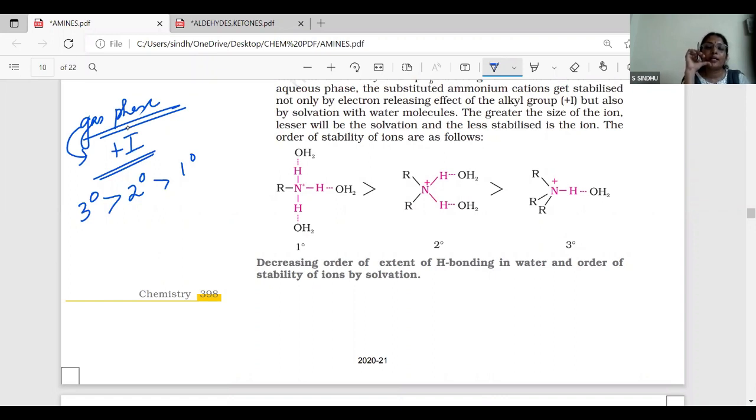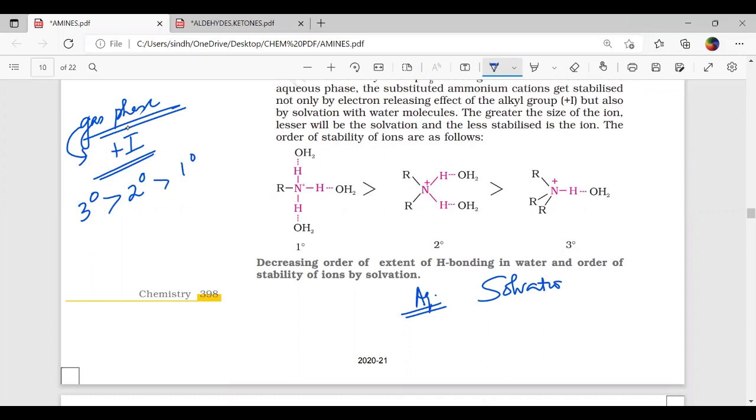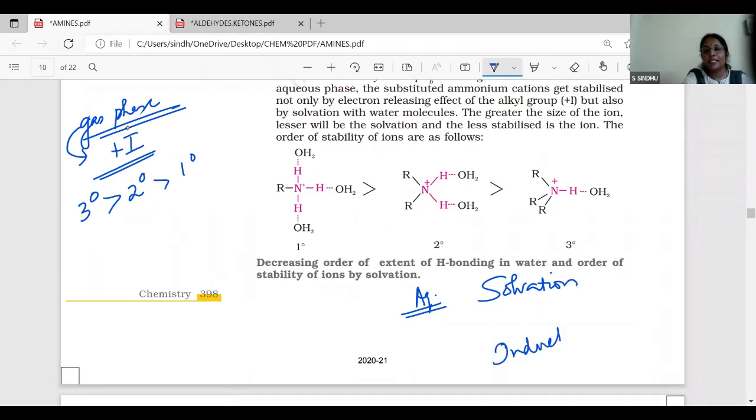But when it comes to aqueous solutions, it is based on 3 factors, ma'am: solvation effect, steric effect, and inductive effect, all 3 put together. If there is more steric effect, it will affect the basicity.